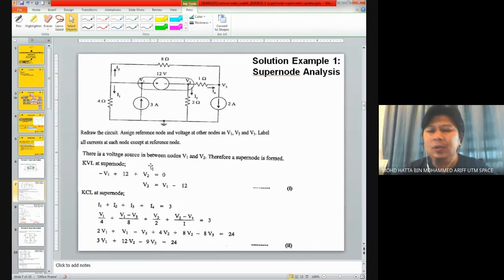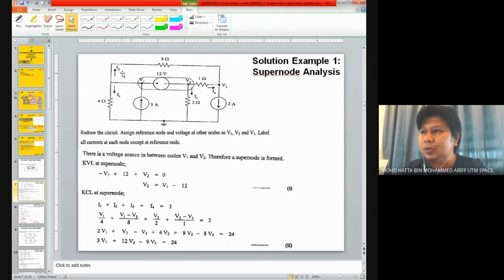And first of all, for node analysis, you need to assign the current direction, flowing in or flowing out from the node. Basically, for node analysis, current flowing in is the current source, and current in the other branches we can consider as current going out. So here you can say that current going out from V1 is I1 and I2.